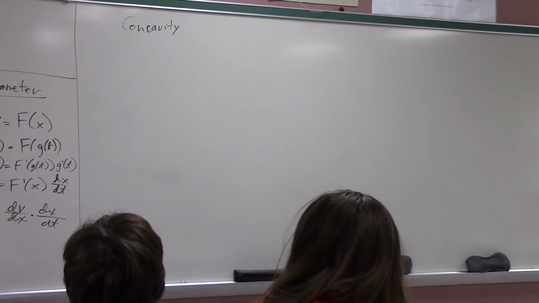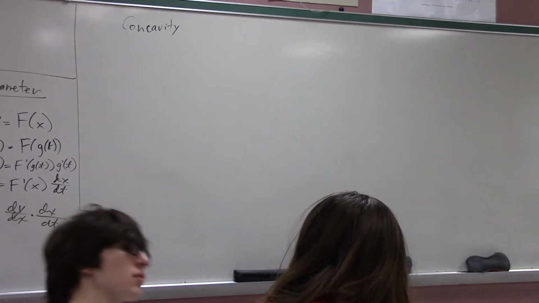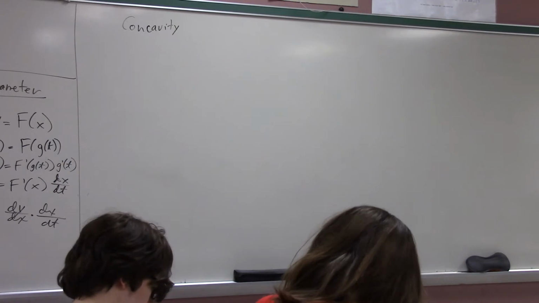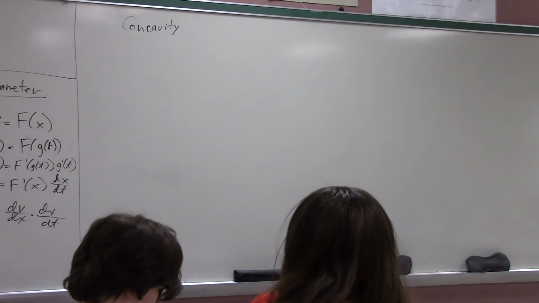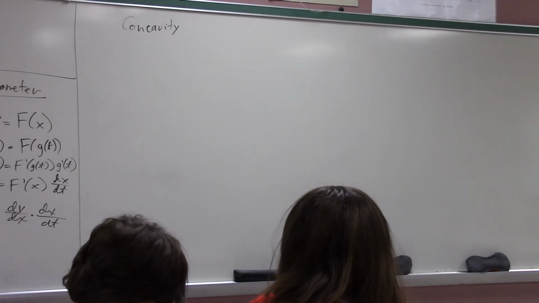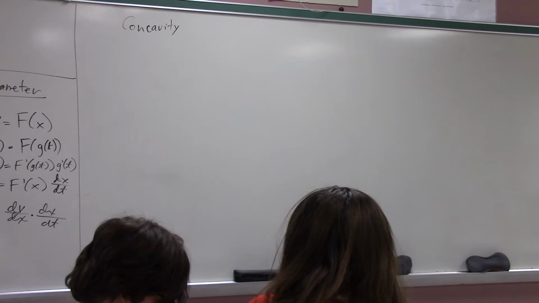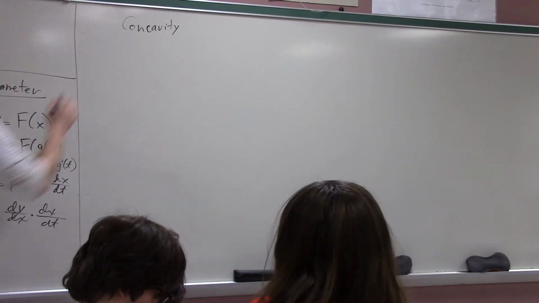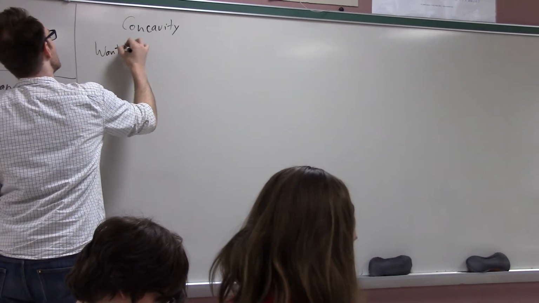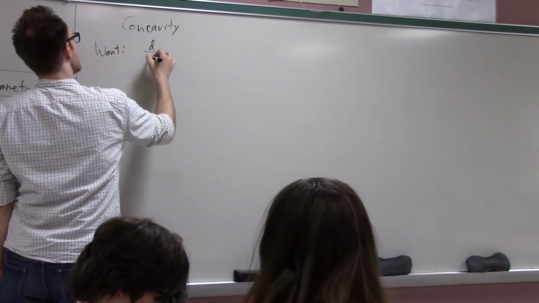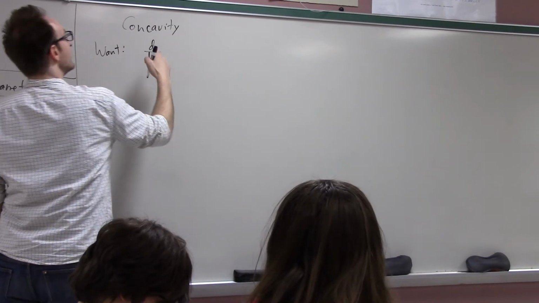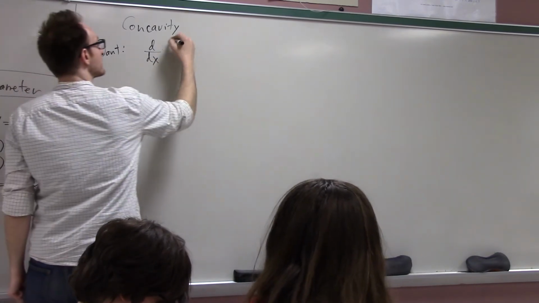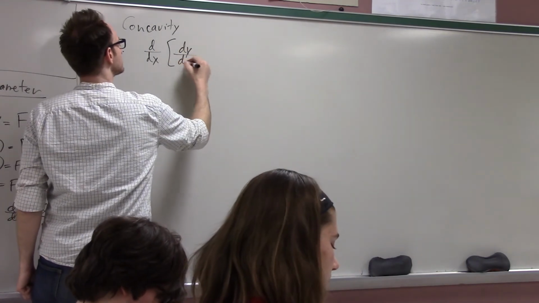So here is my tangent line, and what I want to know is, is my tangent line curving downward, or is it curving upward as I change x by a little bit? If you think about this for a while, what we really want to know is the derivative with respect to x of dy dx.